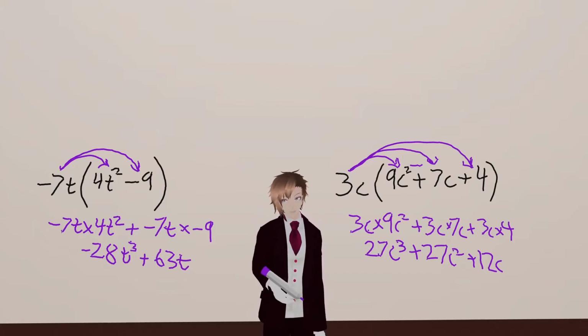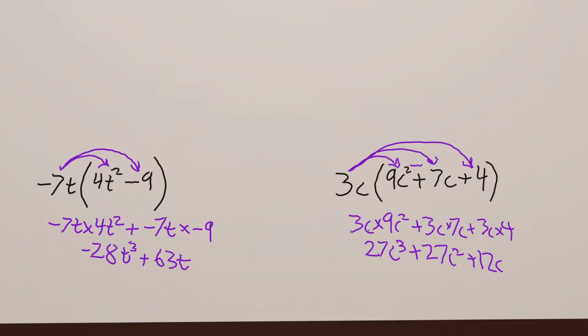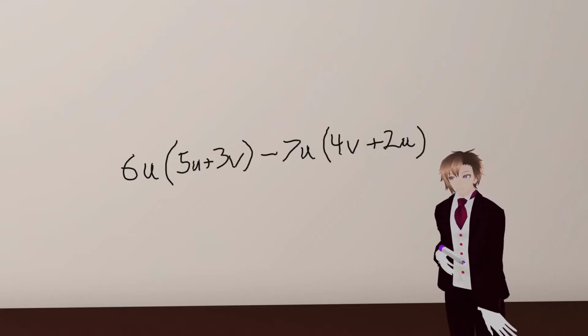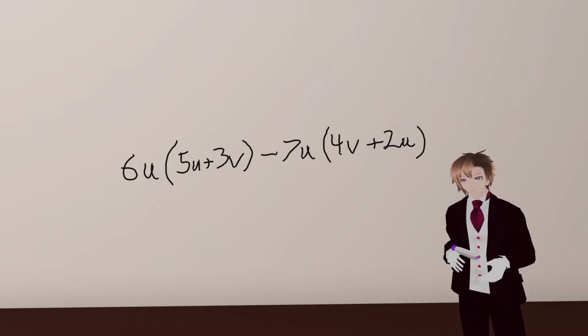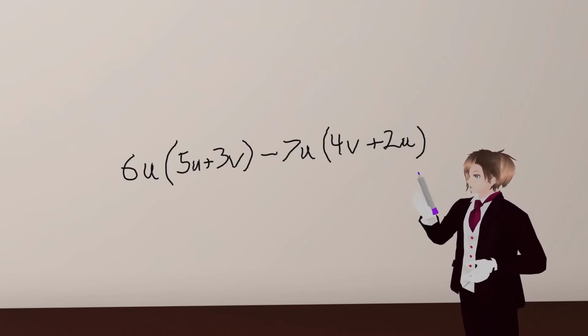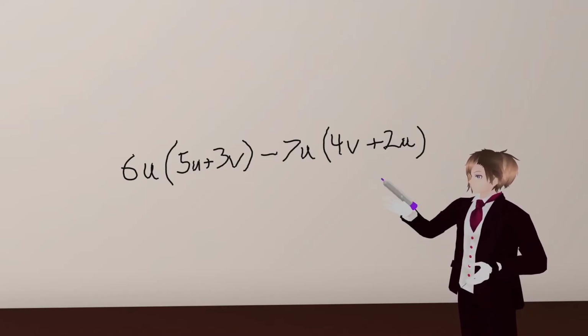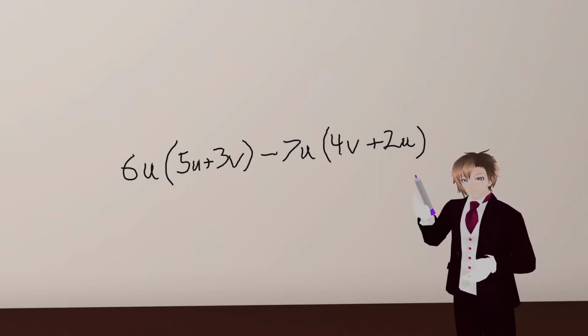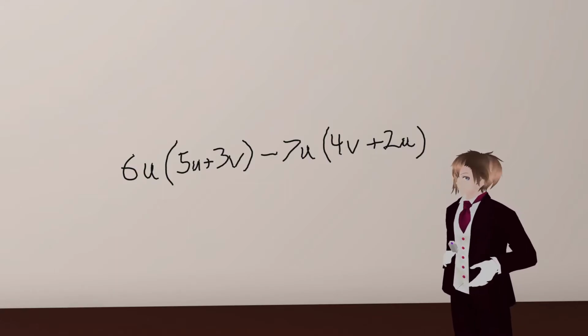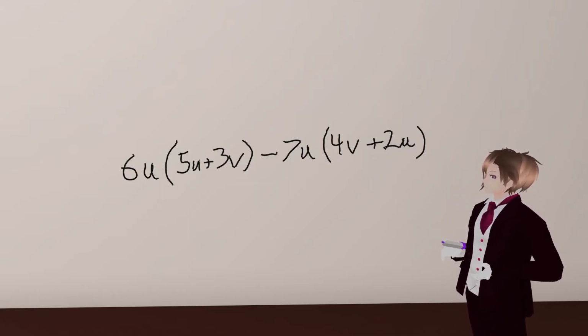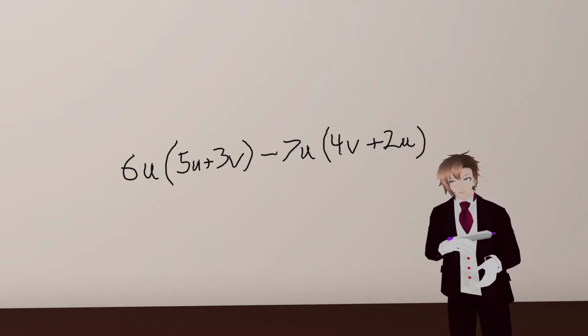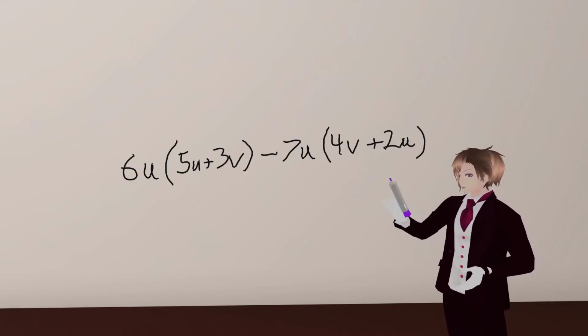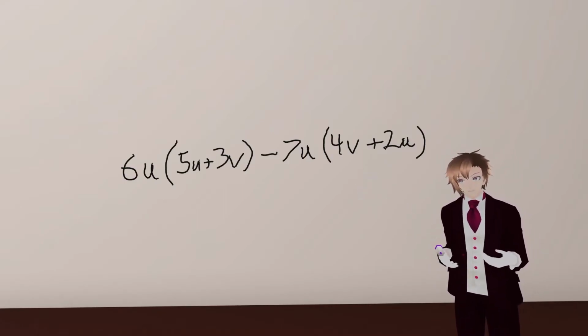Let's have a look at one more example which uses 2 brackets. Here is our last example for the distributive law. We have 2 brackets and we have 2 big terms. Let's expand each of these brackets individually because they are separated by a minus.